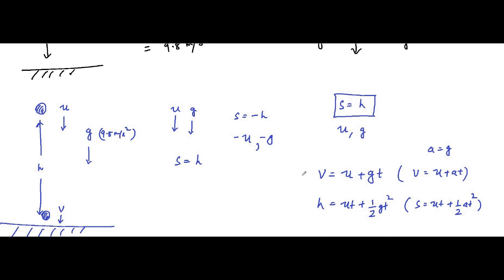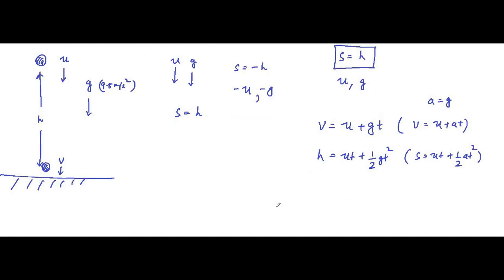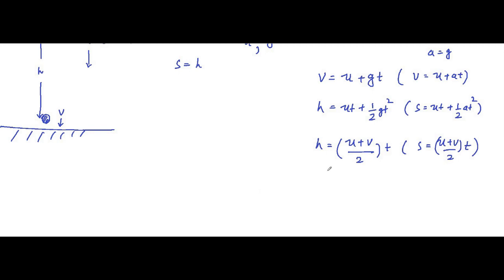Then h is equal to u plus v by 2 into t, which is coming from S is equal to u plus v by 2 into t. Same thing, S is equal to h. Then v square minus u square is equal to 2gh. This is coming from v square minus u square is equal to 2as. Here a is equal to plus g, s is equal to h.